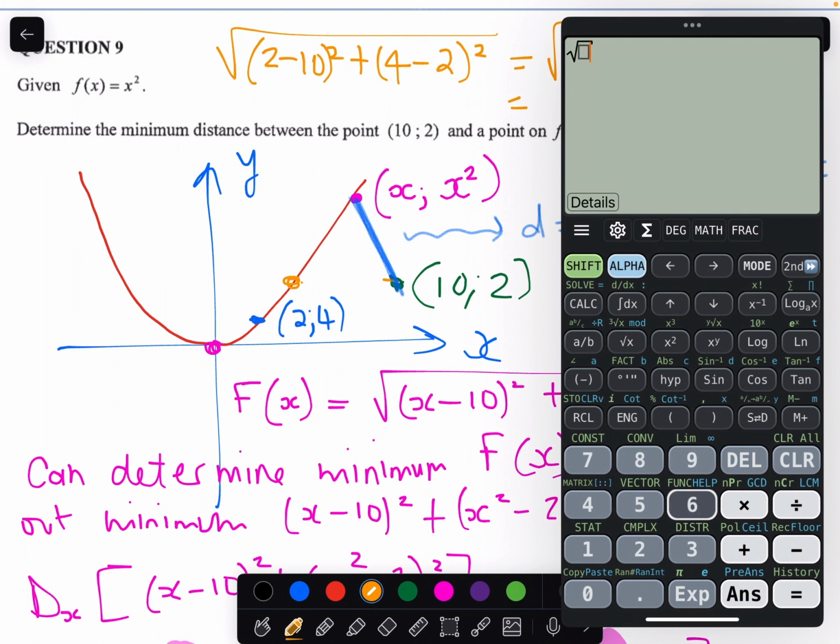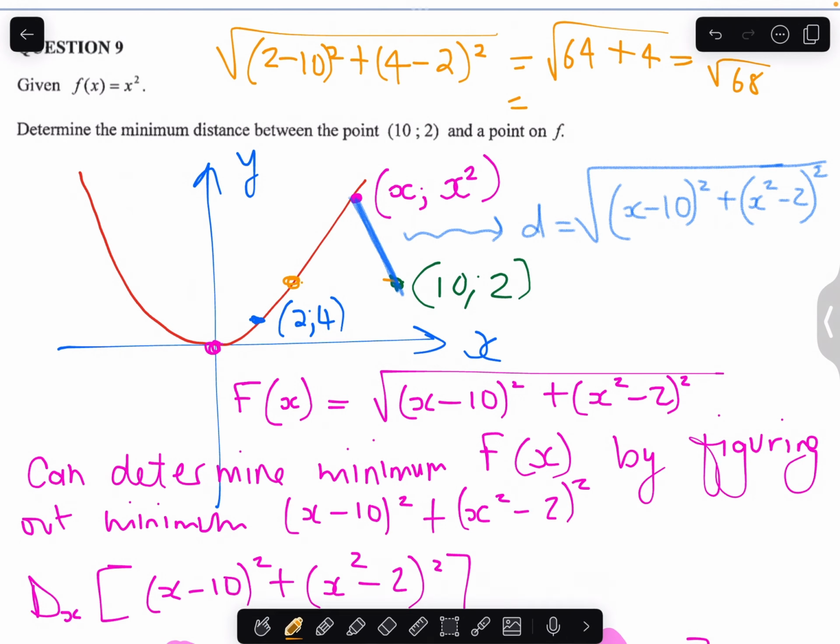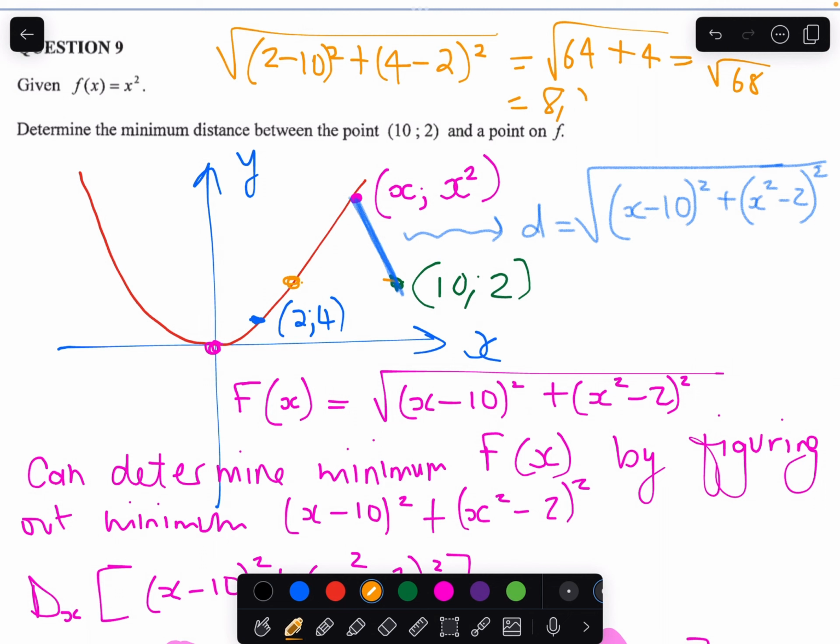Okay, square root of 68 is about 8.25 units.